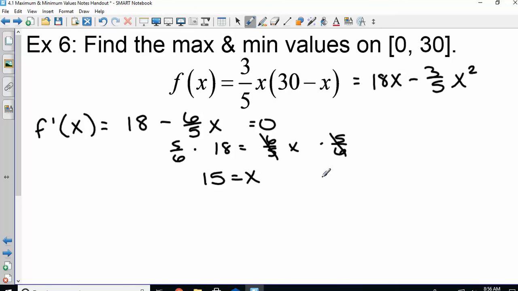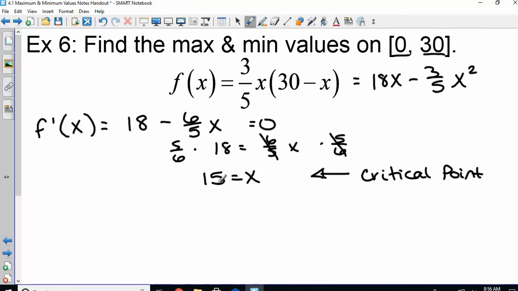Okay, remember we called it a critical point, or a critical value. So if I ever ask for those, that's anywhere the derivative is 0 or undefined. Now, I want the actual maximum or minimum, so we test the endpoints and this value.